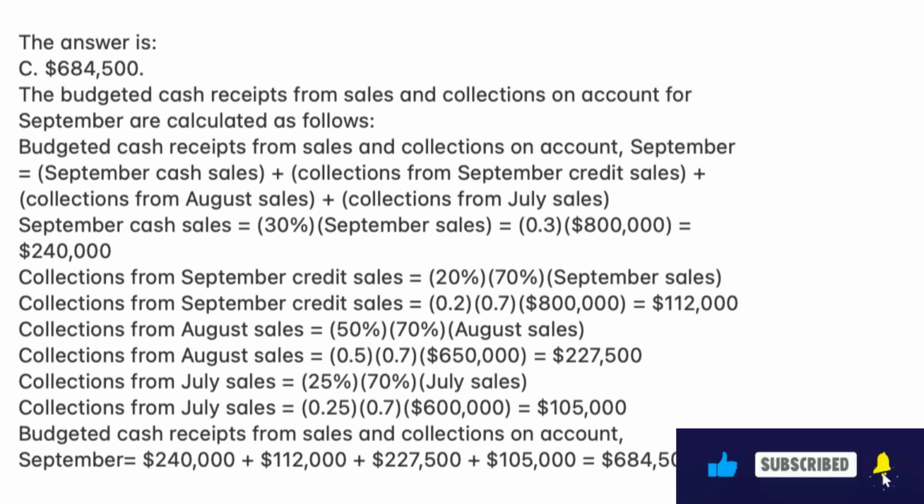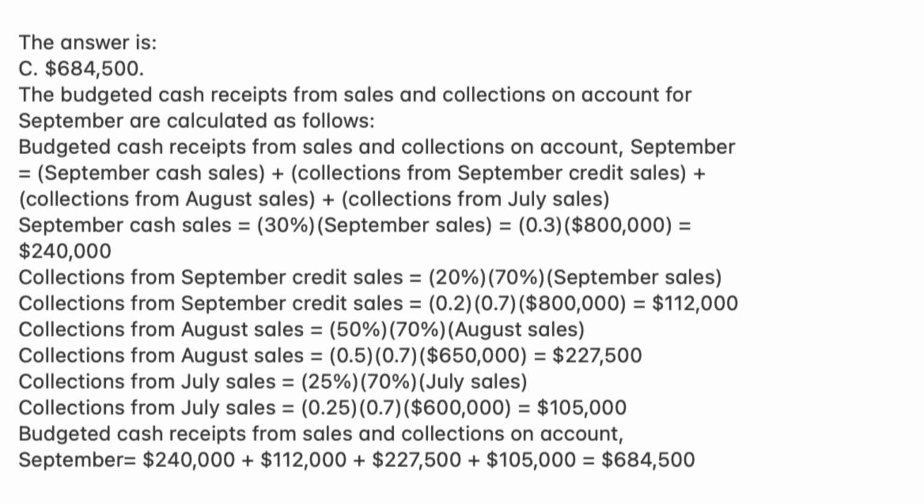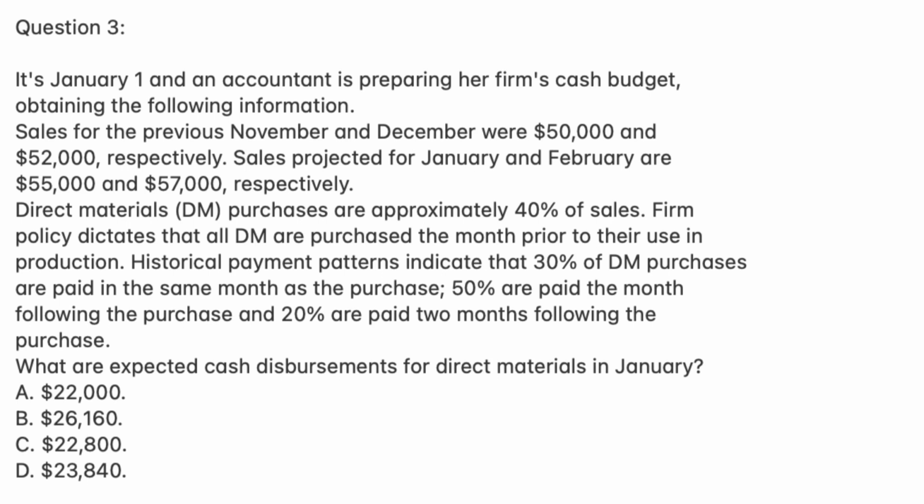Budgeted cash receipts from sales and collections on account, September, equals $240,000 plus $112,000 plus $227,500 plus $105,000 equals $684,500.